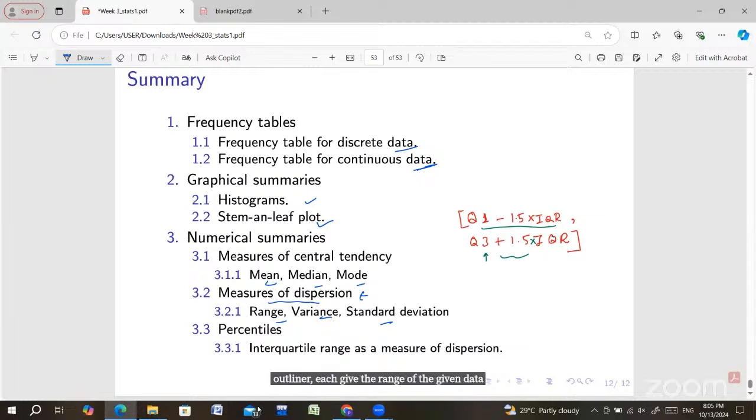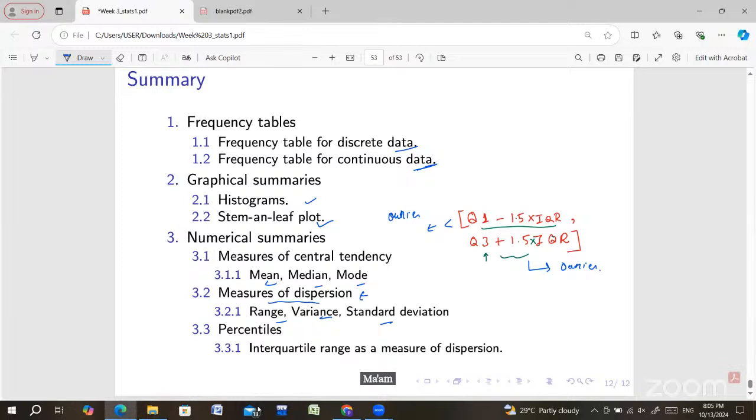See, it tells you that any value which is below this point will be considered an outlier, and any value above this point will also be an outlier. Okay, now it's clear.